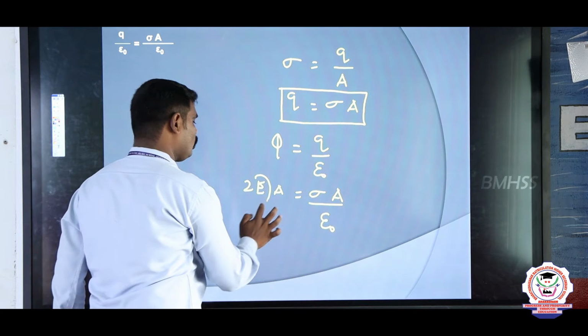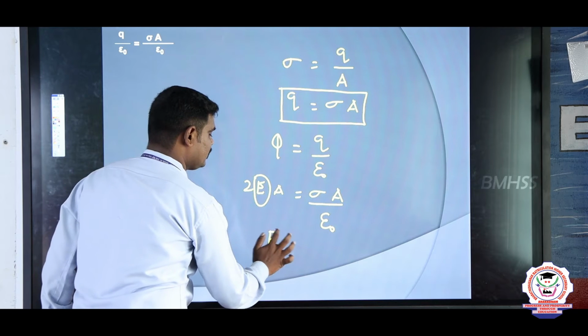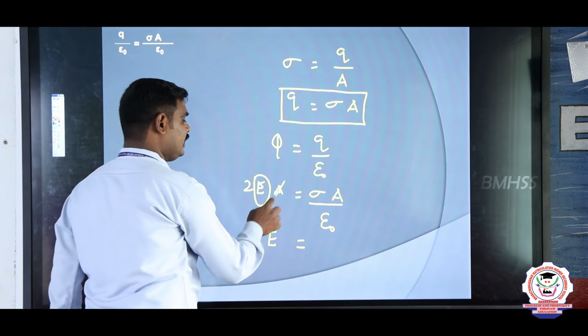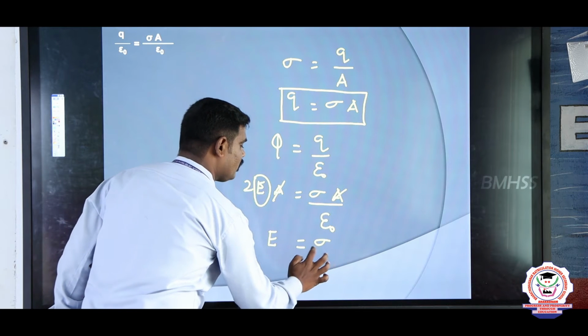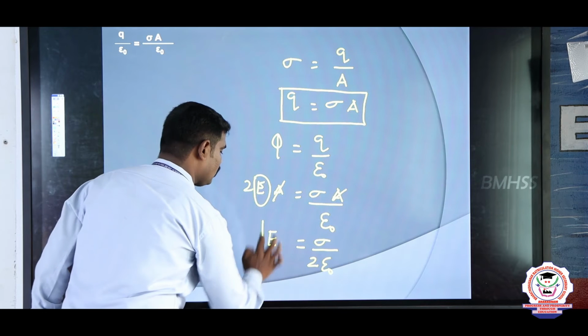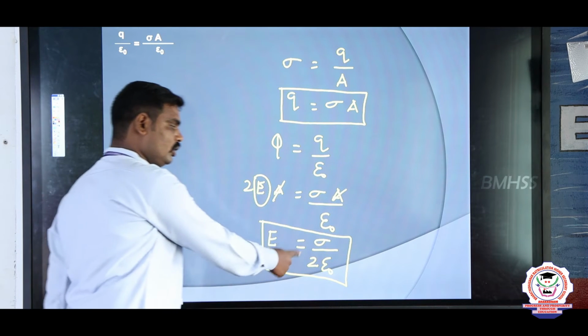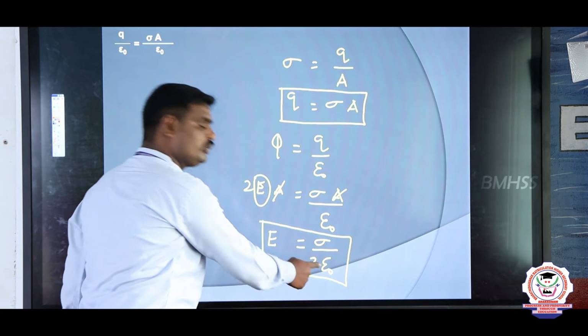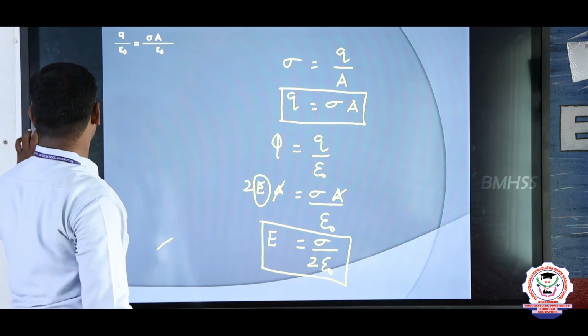So we have to find only the electric field intensity. So E is equal to, here A and A will cancel, so remaining sigma divided by 2 epsilon naught. This is our final equation. Am I right? E is equal to sigma divided by 2 into epsilon naught. So let us see those formulas.